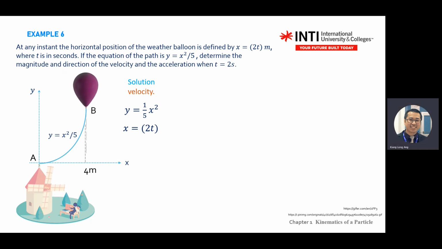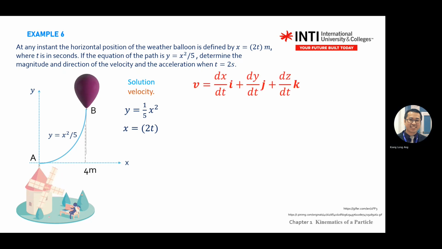How do you put them in position? Velocity equal to dx/dt i plus dy/dt j plus dz/dt k. So this general equation will give you 3 marks. So when you solve a question, always give the general equation first, then only substitute values.